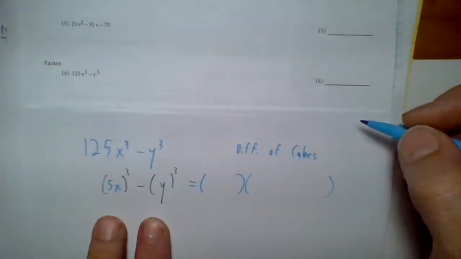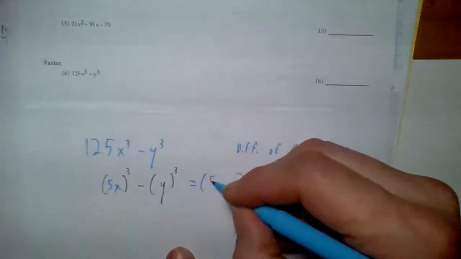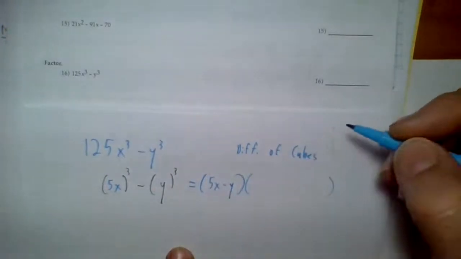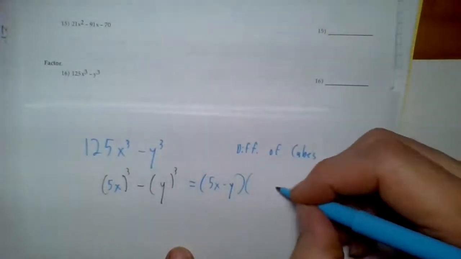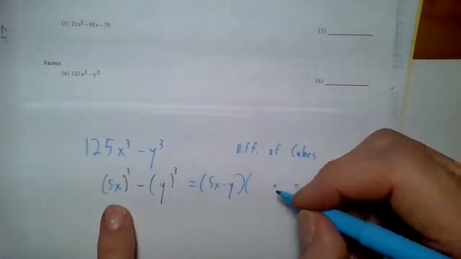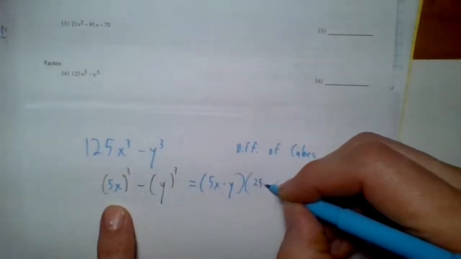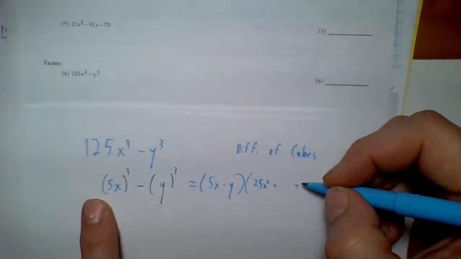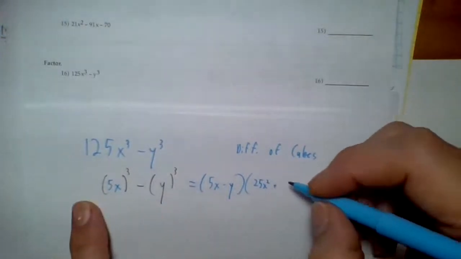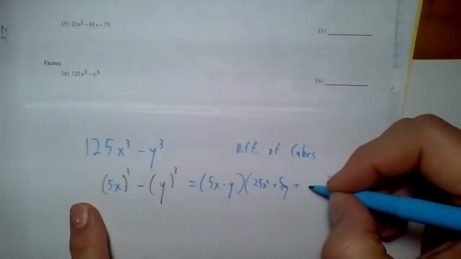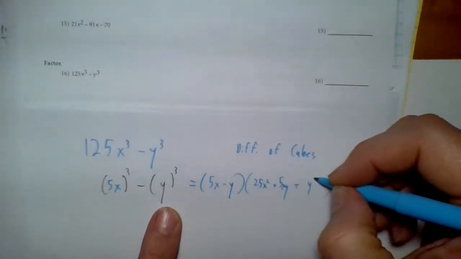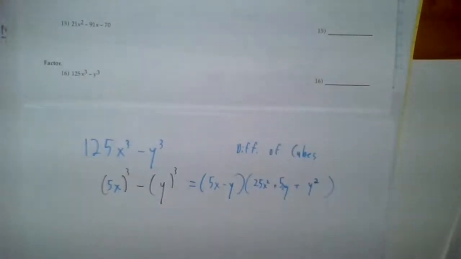Whenever you have something written like that, you have a factor 5x minus y, and you have the long factor, which is all pluses. It's the first one squared. This times that, the product of the two, 5xy. And then the second one squared also is y squared. That's the long factor.